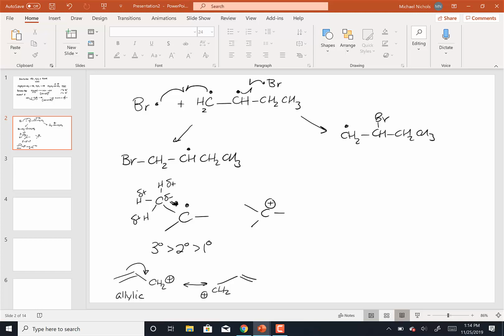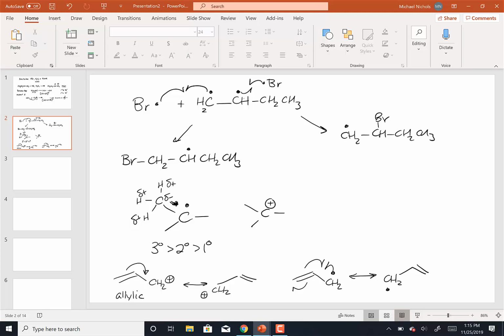Same thing's true for a radical. If you had an allylic radical, you can draw its resonance structure using the half arrows by basically splitting this carbon-carbon double bond, taking one electron and pairing it up with the CH2 dot, and then giving the other unpaired electron to the other side, so that we would still be able to draw our resonance structure.